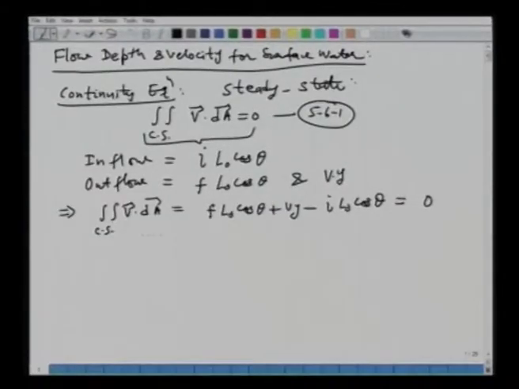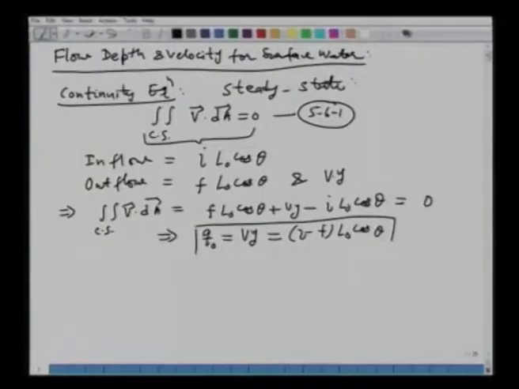Then the discharge intensity coming out, V times y, would be equal to, after you simplify this, I minus f L0 cos theta. This is your continuity equation, and I am going to number this as 5.6.2.